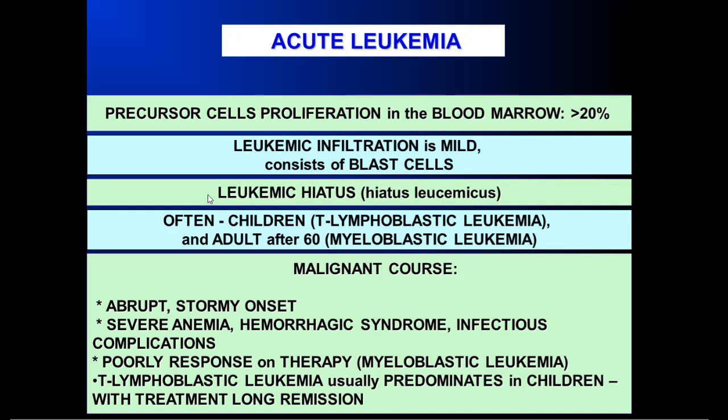Why does it happen? You remember about depression of the germs apart from tumor precursor. So we do not have enough erythrocytes, we do not have enough thrombocytes.